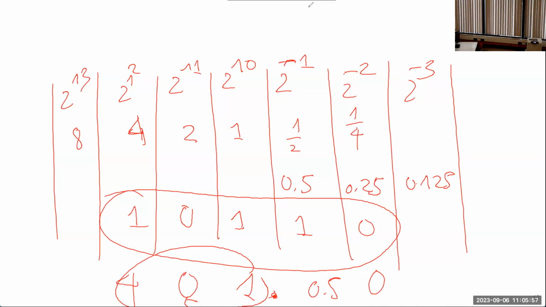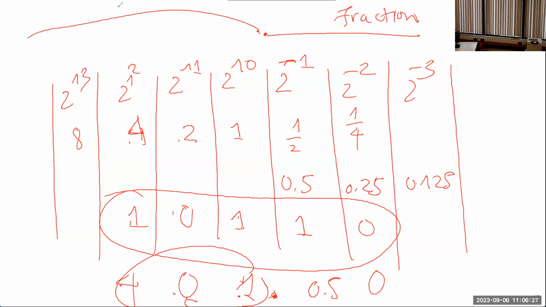Okay, let me explain it again. Number 1 here in the column 4, correct or not? Yeah, you have 4 here, right? Number 0 here in column 2, that's why you have 0 here. Number 1 here in column 1, you have 1 here. And you know that everything from here is the fractional part, and everything before it is the integer part.